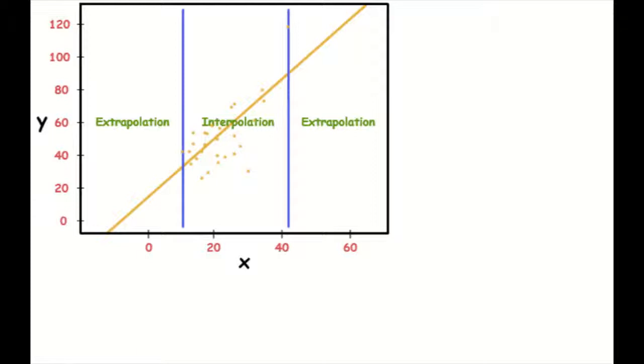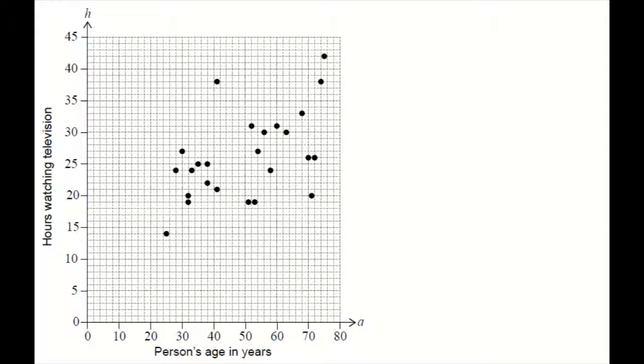Now here if you see 18 years old, we don't see anything from the data of persons that are aged 18. The smallest that we actually see is 25 years old. It means if we want to use the regression line to estimate the number of hours that this 18 years old teenager would watch, it will be inaccurate.